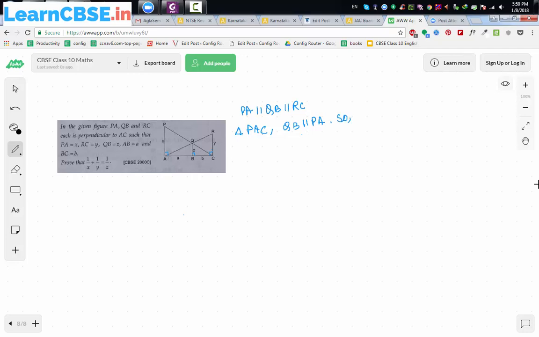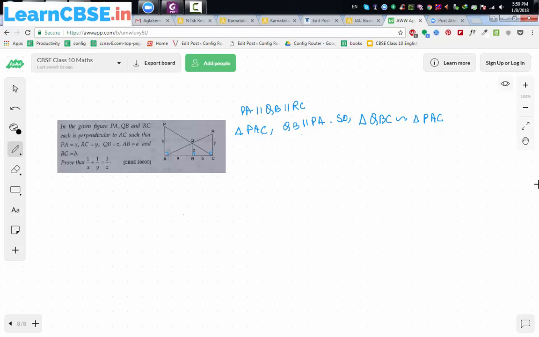So we can write that the triangle QBC is similar to the triangle PAC.